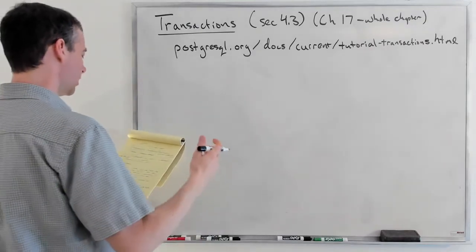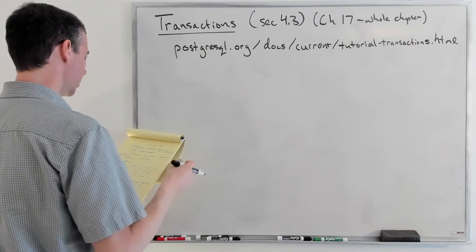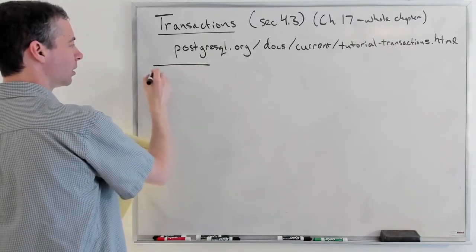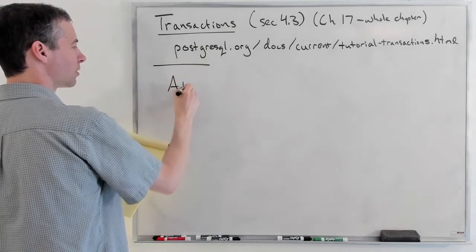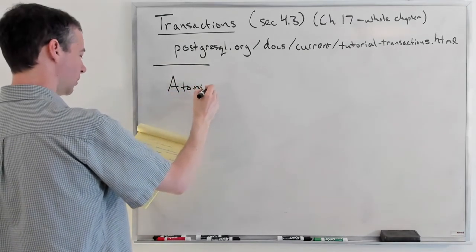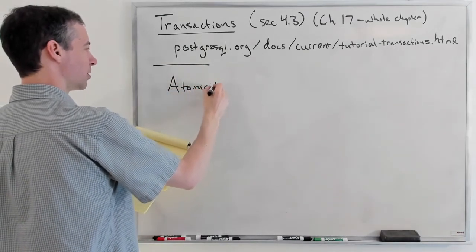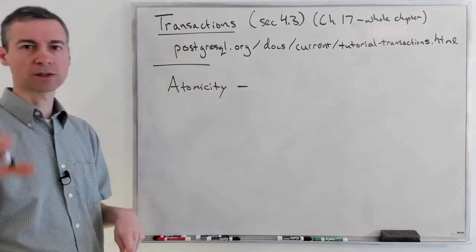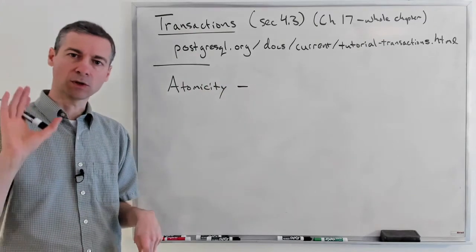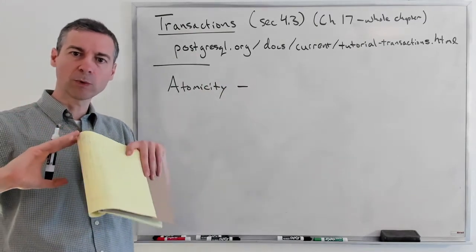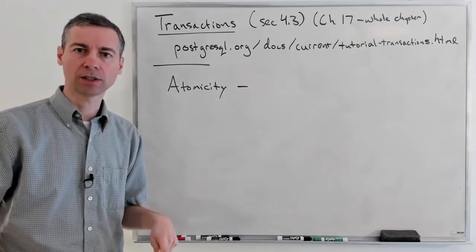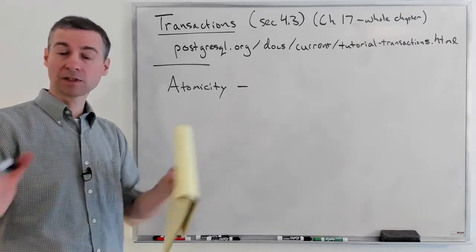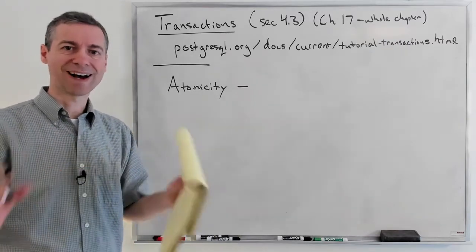So as I said, they're fundamental operation to databases, and there's really two big parts about what transactions are doing for us. And we've talked a little bit about this in the very introduction to databases. But first of all is this notion of atomicity. So we want our actions, our commands that we do with our database, these inserts, updates, and even our selects to be atomic.